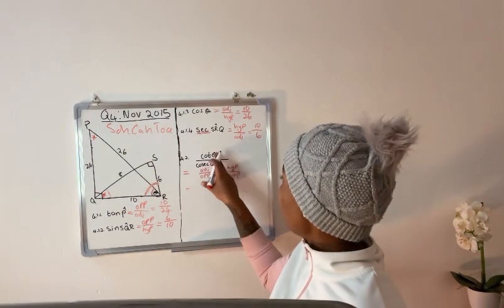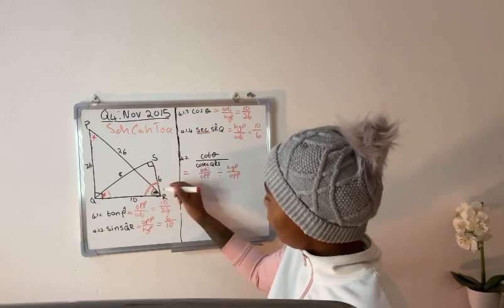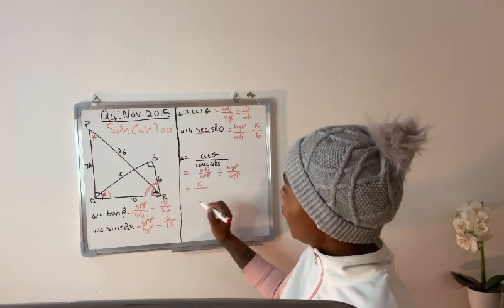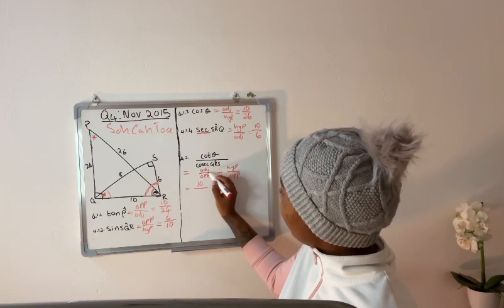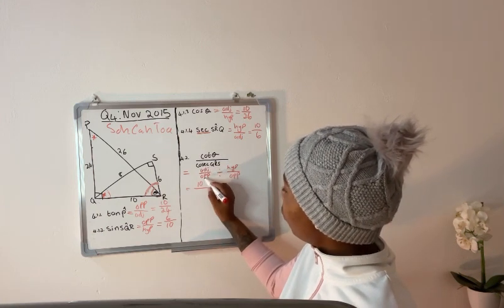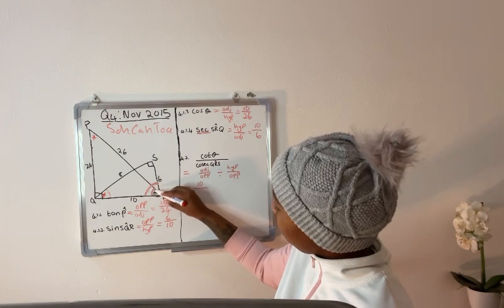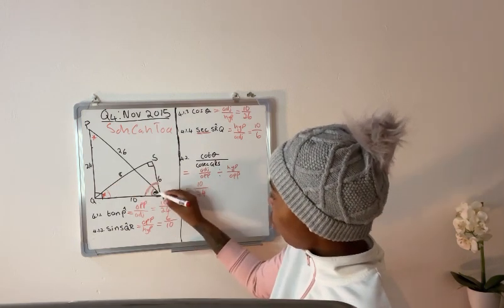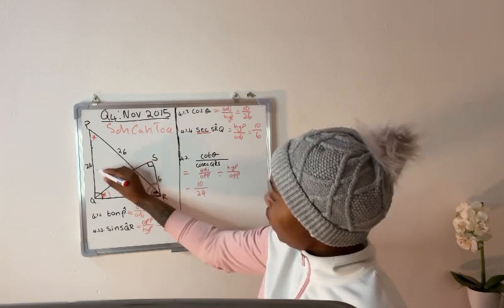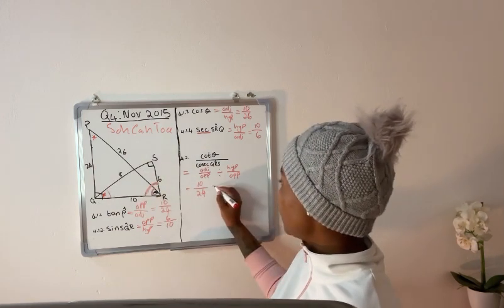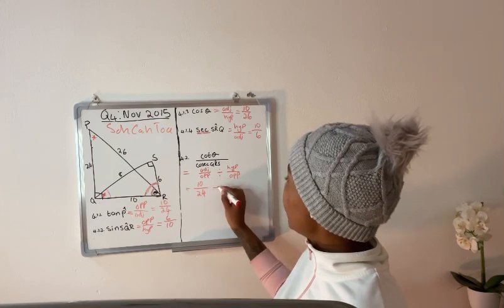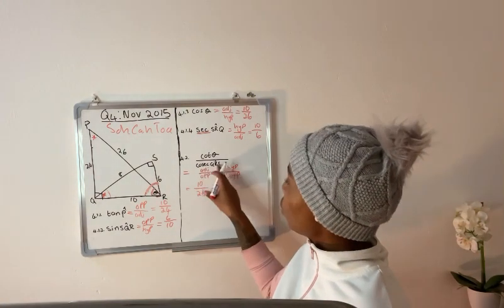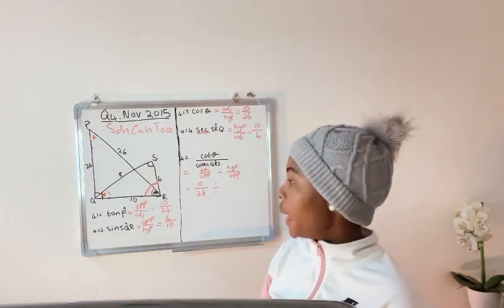The adjacent of theta is 10, divided by the opposite of theta, which is 24. Adjacent over opposite, divided by hypotenuse over opposite, that is cosec angle QRS.